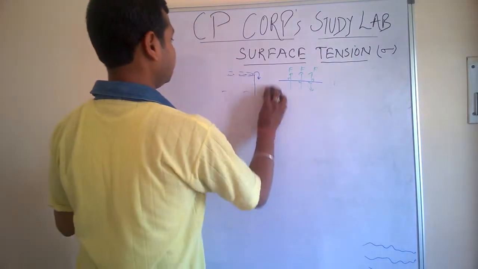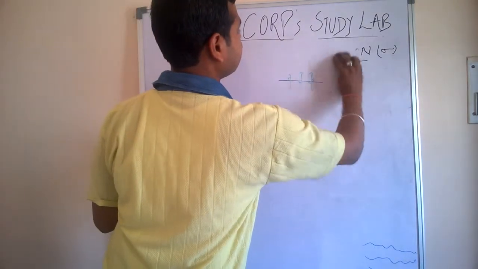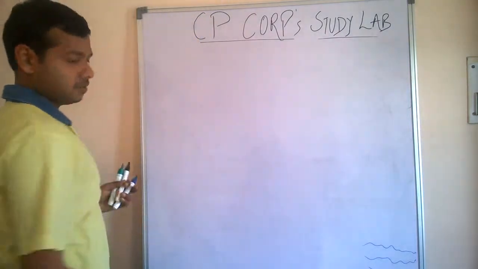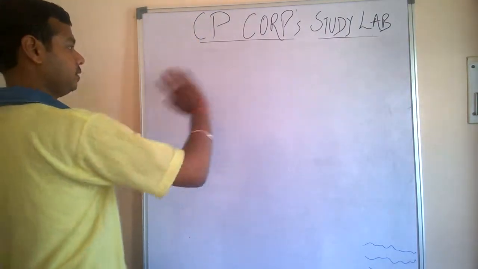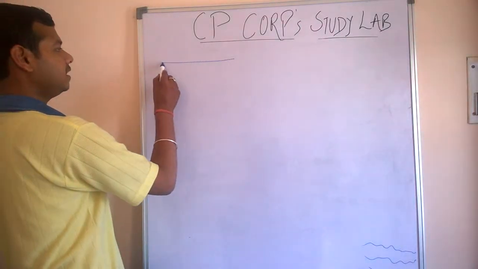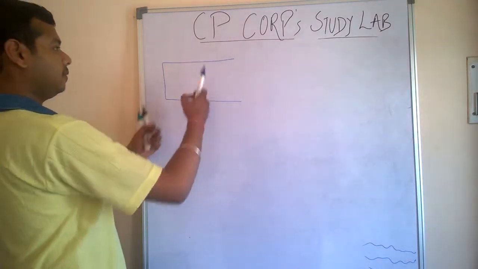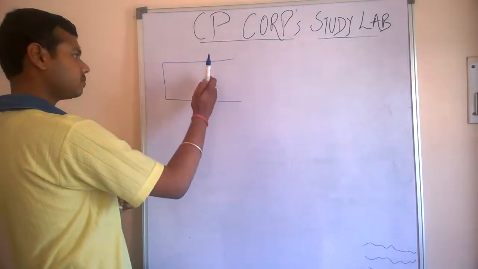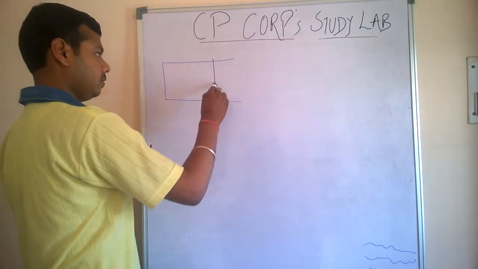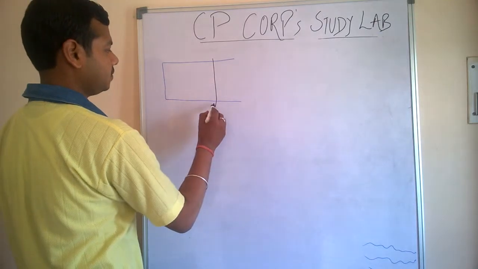Now next we are going to deal with its mathematical relationships for different profiles. First of all, a general relationship. Suppose a wire is bent in the form like this, and suppose there is a movable wire on it.